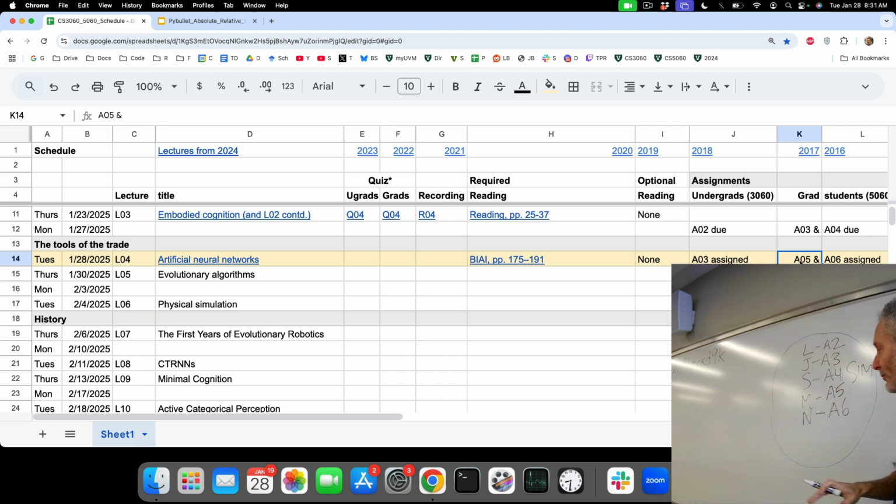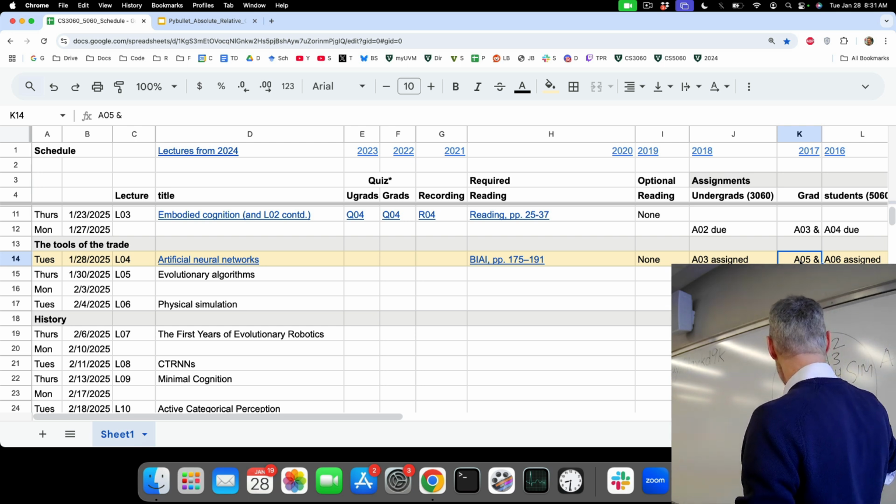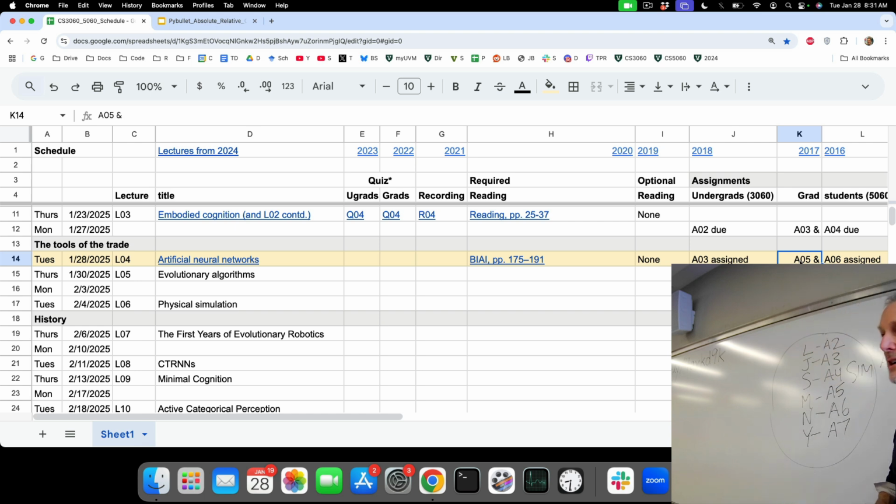So at the end of assignment 5, you finished building the body of your robot, and you'll start in on neurons and then synapses in assignment 7. And today in lecture 4, we're going to talk about artificial neural networks, both inside and outside of robots, which are made up of code versions of synapses and neurons.